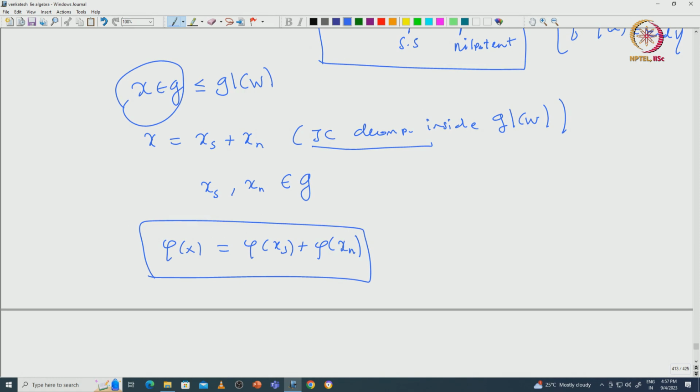Similarly, if a given element is already a semisimple element in your linear Lie algebra, then you can guarantee that it acts semisimply on any given finite dimensional representation.